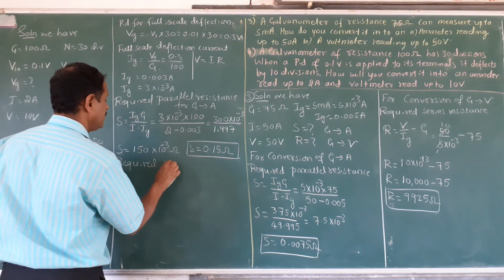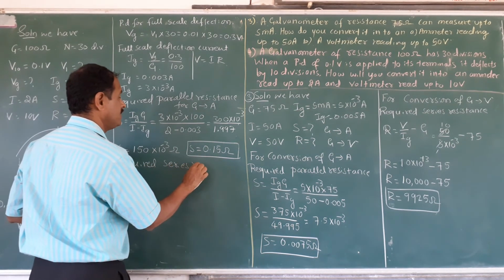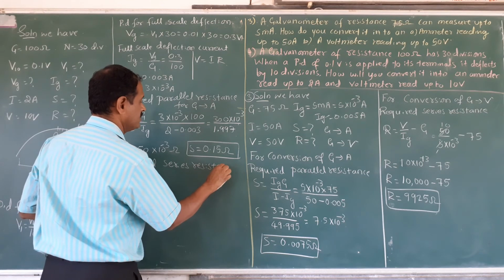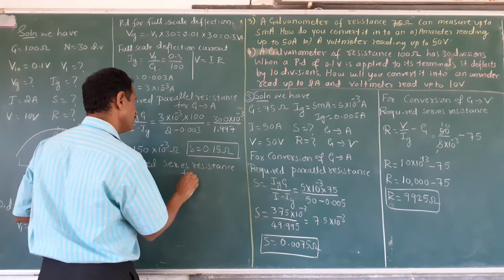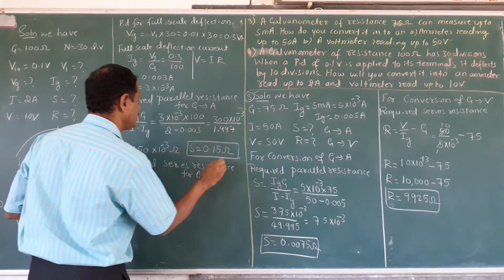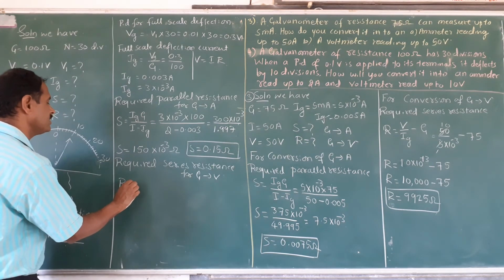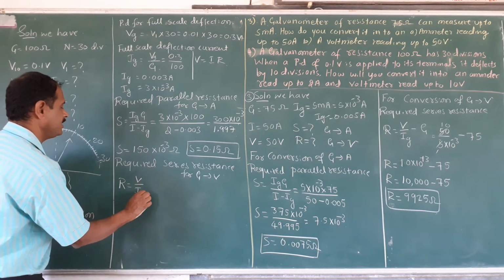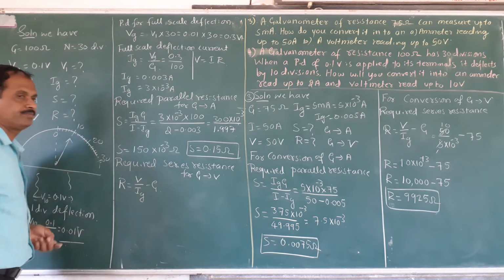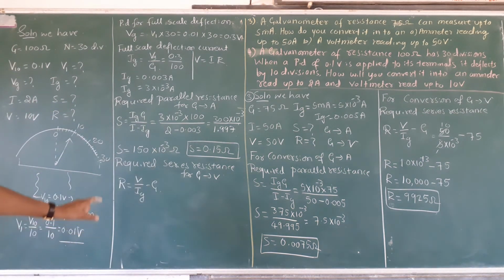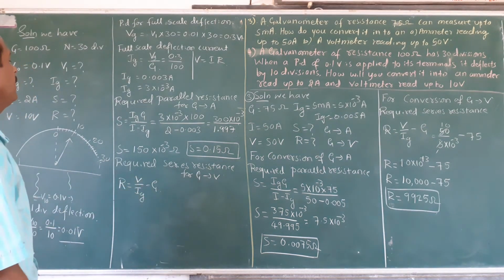Required series resistance for galvanometer into voltmeter: R is equal to P by IZ minus G. Calculate separately.